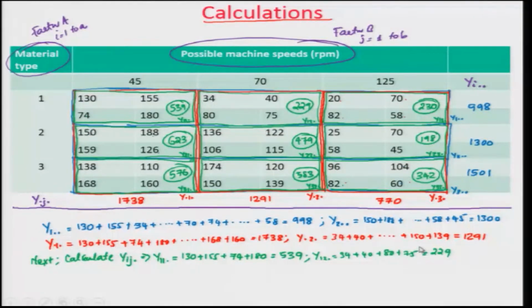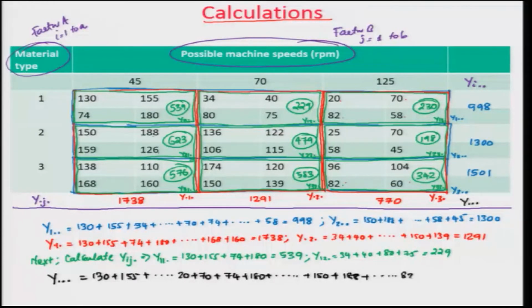Once we have calculated all of those, the next major thing that we need to calculate is y dot dot dot. So y dot dot dot is equal to 130 plus 155 plus all the way to 20 plus 70 plus 74 plus 180 plus all the way to 150 plus 188, plus all the way to the last, 82 plus 60.